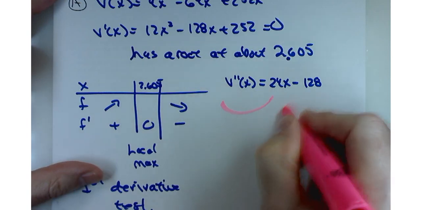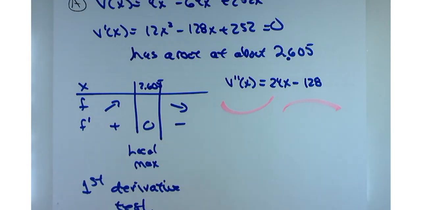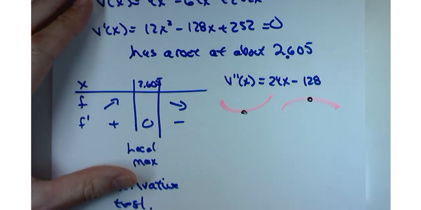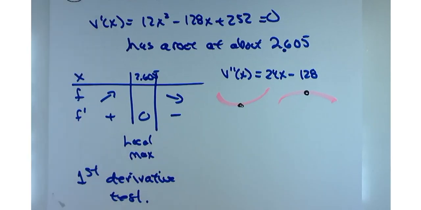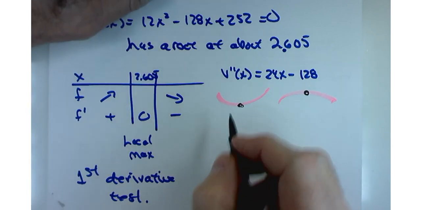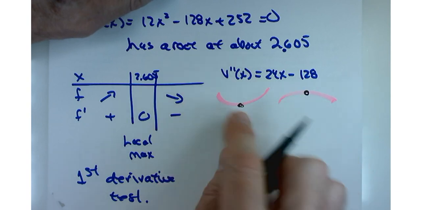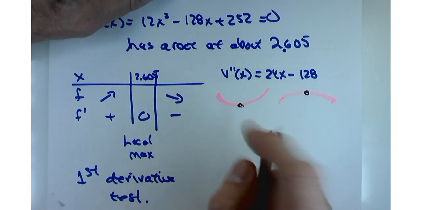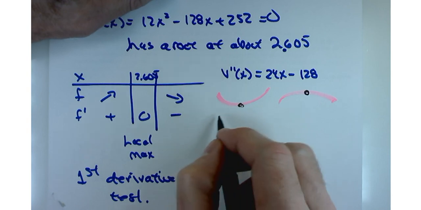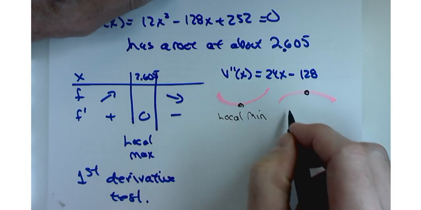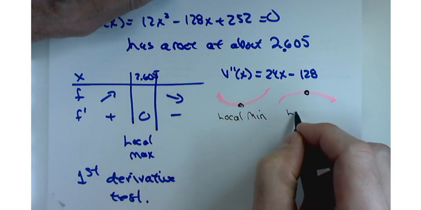If you have a critical point, a place where the derivative is 0, and you calculate the second derivative, it's going to tell you what the shape of the graph is near that point. So if it's concave up, then this is going to have to be a local min, or an absolute min, depending on the problem. Whereas here, this is going to be a local max.